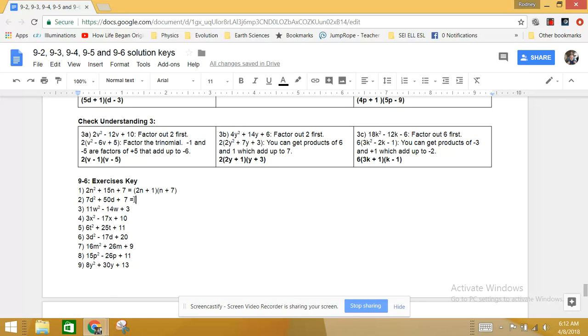In this, I'm going to go ahead and multiply my first coefficient times my last coefficient. And if I multiply them, I get 7 times 7, and that equals 49.